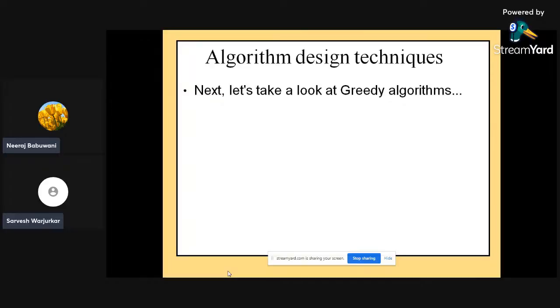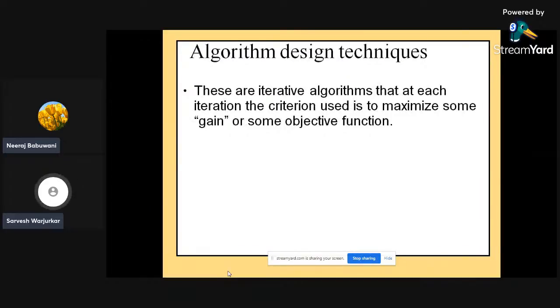Greedy algorithm is an algorithmic paradigm that builds up the solution piece by piece, or iteration by iteration, always choosing the next piece or next step that offers the most obvious and immediate benefit to us in terms of time.